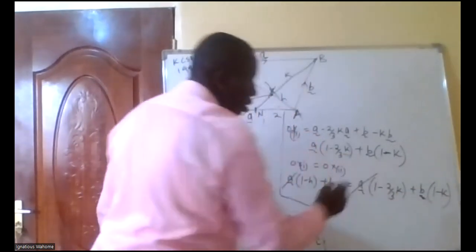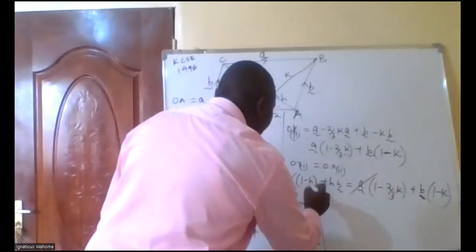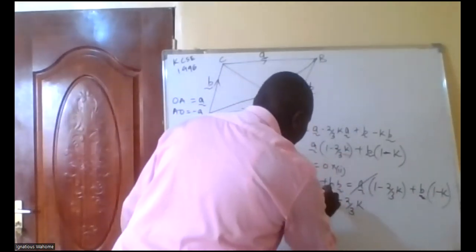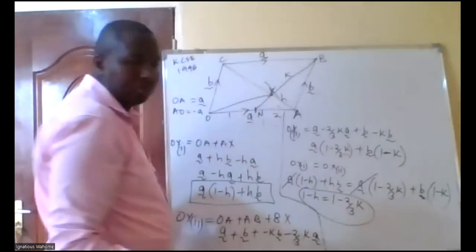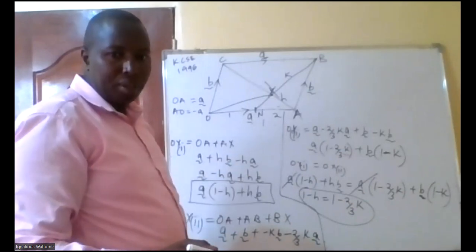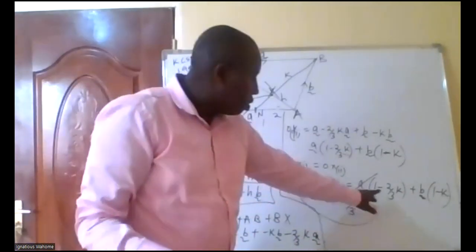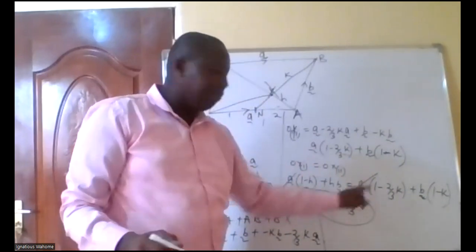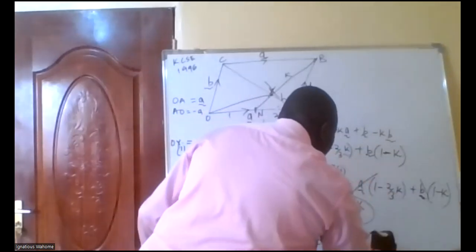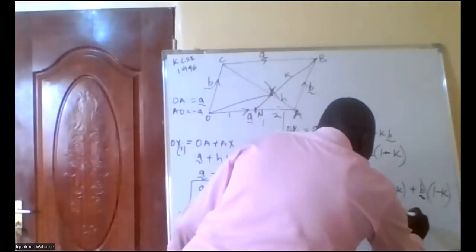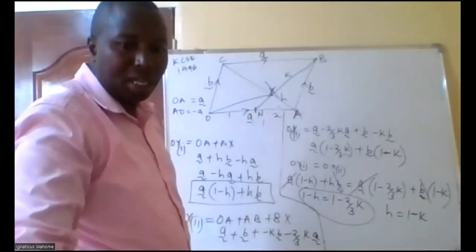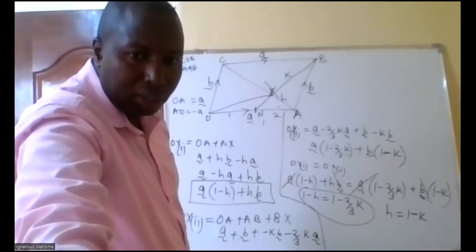So you say 1 minus H is equal to 1 minus 2 over 3K, because there's vector A, vector A. We go to vector B: this is vector B on this side, then vector B. So you say H is equal to 1 minus K.